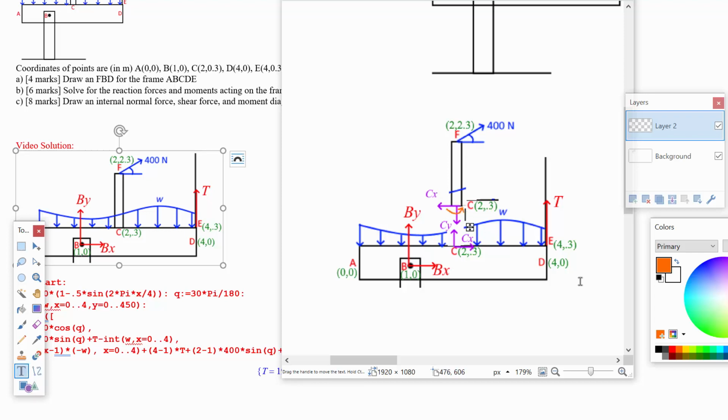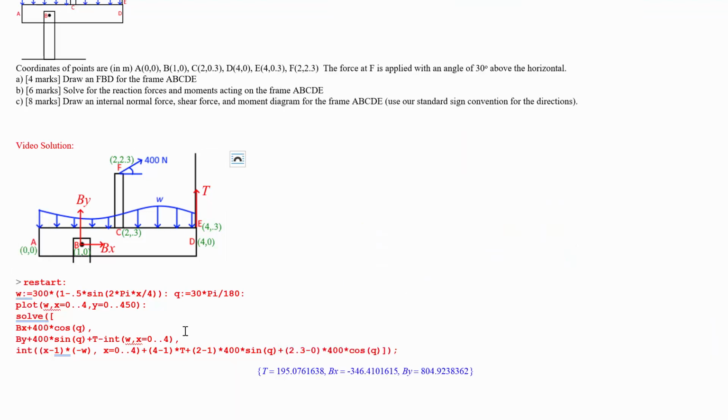Again, it's okay if you don't apply this in the right direction at the start, because then you'll just get a negative answer for it, but the rest of the math will work out fine. It's no problem. So it doesn't matter at all that in this last part of the solution, for example, Bx ended up being negative. No worries. We're going to not worry about that and still assign everything as if Bx points to the right. The fact that it's negative something to the right doesn't affect us at all.